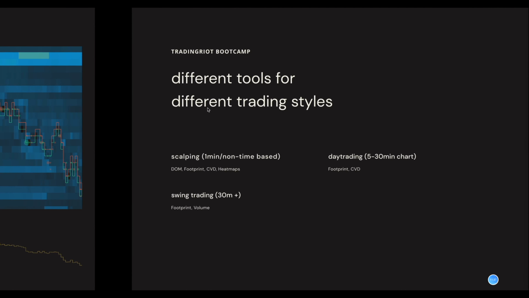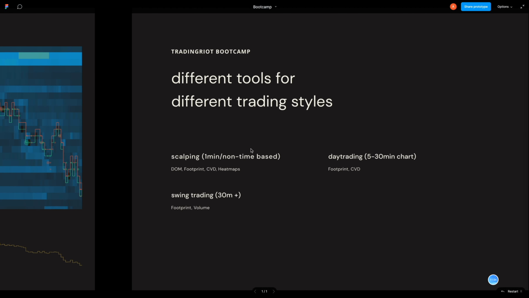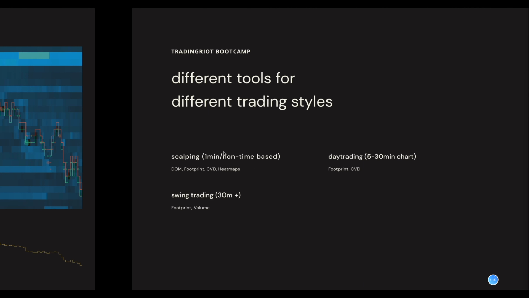Different tools for different trading styles. This is where it essentially becomes important. If you will be scalping, you basically want to utilize all the tools that are available. I am not scalping, this is not geared towards scalpers. But if you will be scalping, using DOM, footprint, cumulative volume delta, and heat maps, they should be utilized.